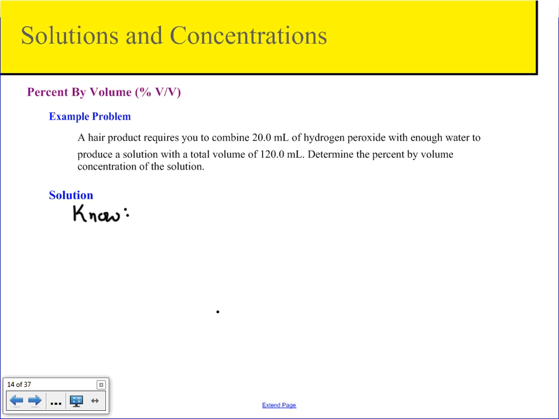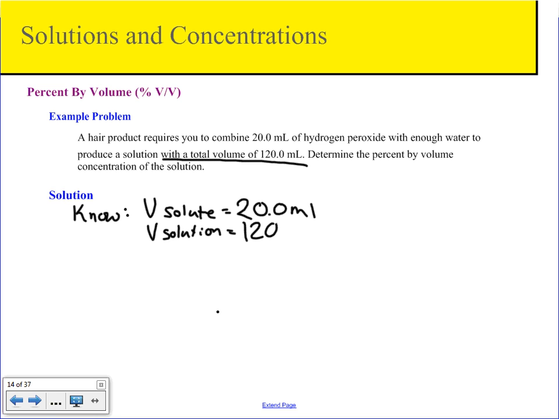What I know here is the volume of my solute, which is 20.0 milliliters. I also know my volume of solution. It tells me here, with a total volume of 120 milliliters.